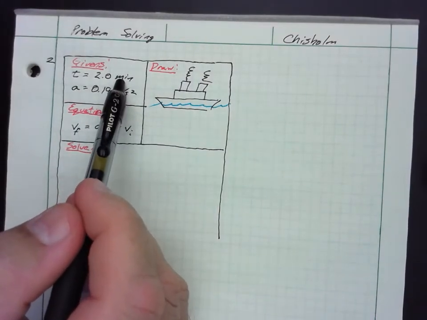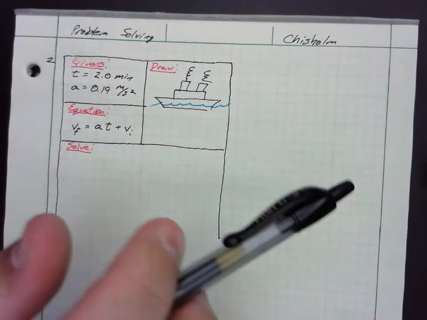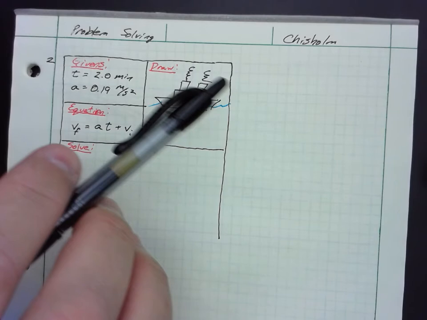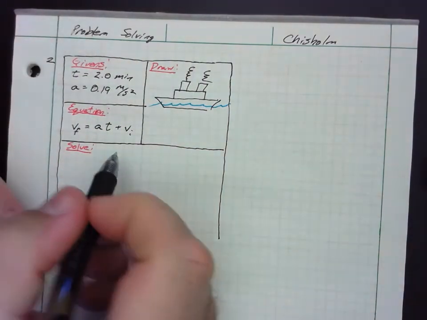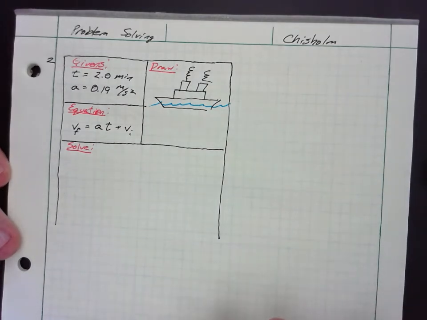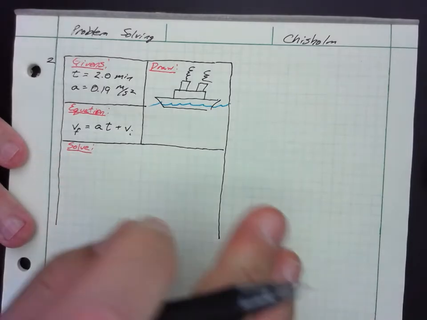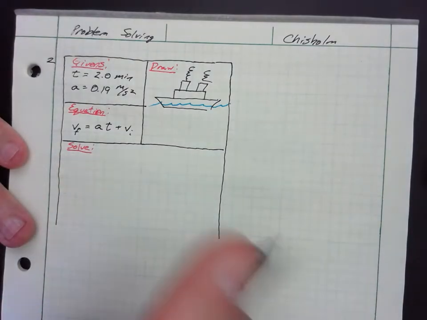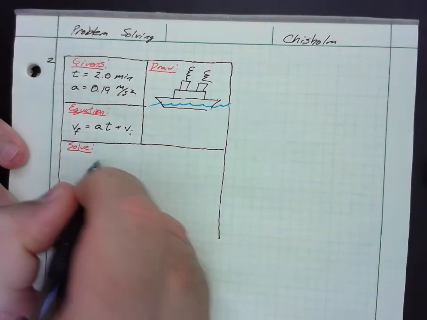And minutes and seconds do not mix. They're not the same thing. So I need to change my minutes here into seconds. So I'm going to use dimensional analysis. You guys had this in chemistry. Dimensional analysis, it's a wonderful tool to do conversions. Okay, so I'm going to use dimensional analysis here to do the conversion.